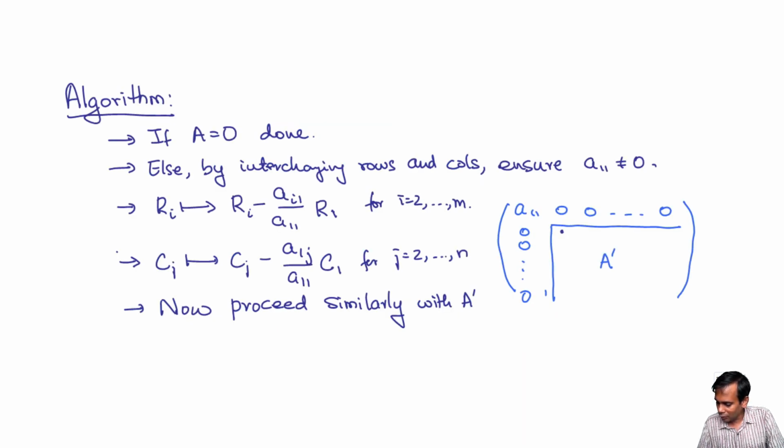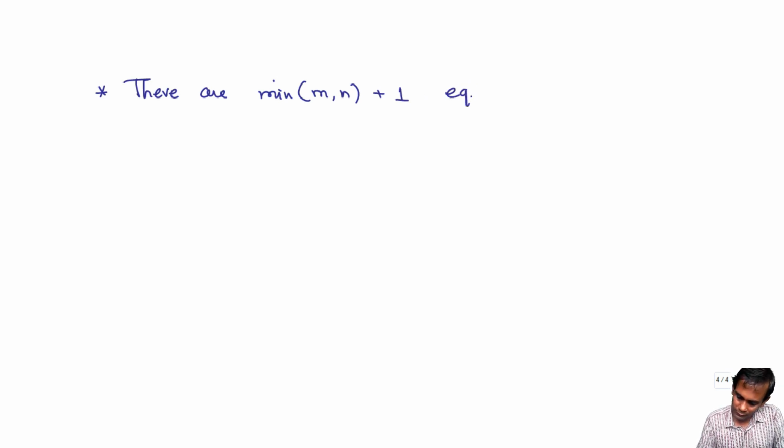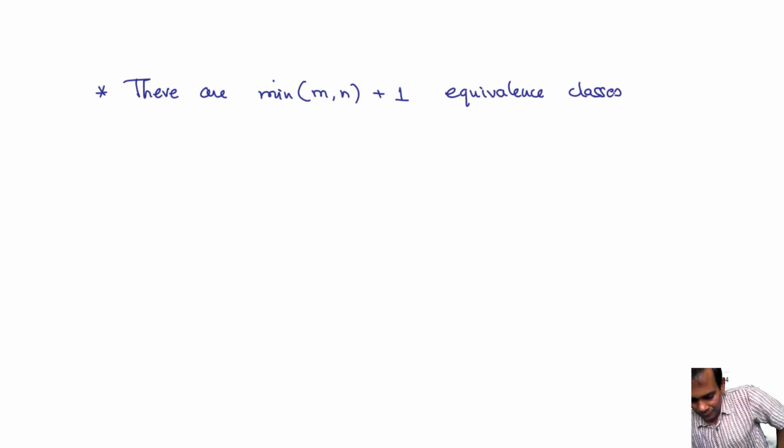So what is the meaning of all this? So firstly, what we note is that there are minimum of m, n plus 1 possible canonical forms, equivalence classes. Namely with 0 ones, 1 one, and so on up to minimum of m, n ones.